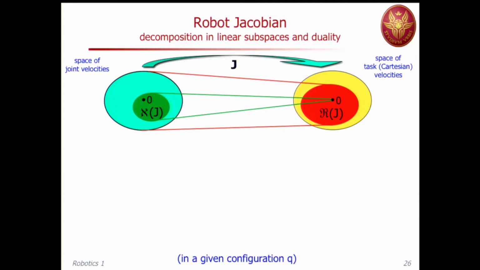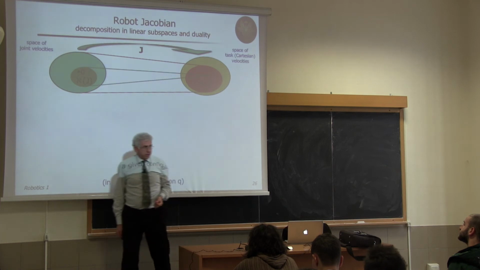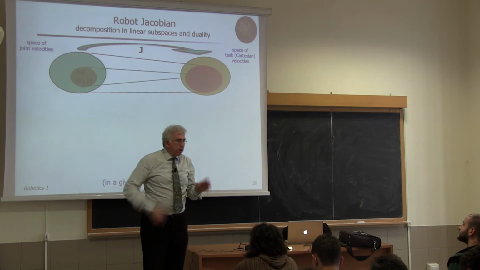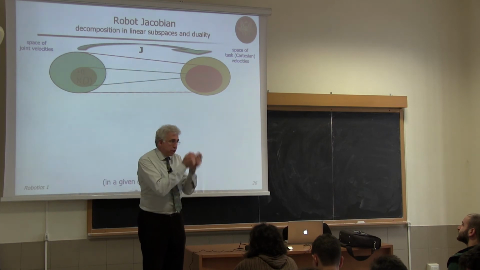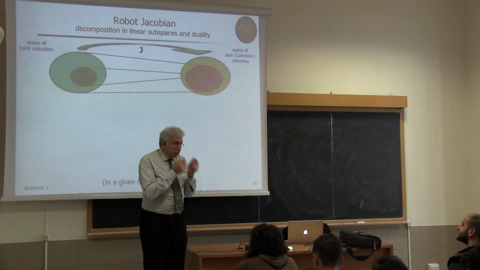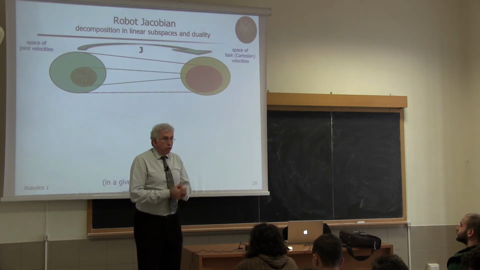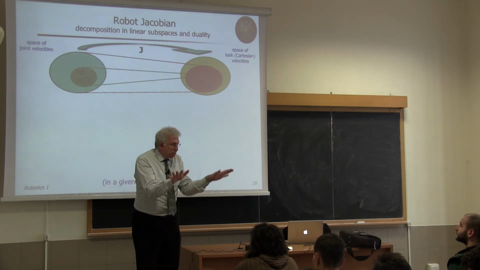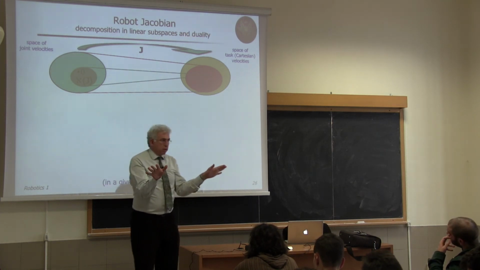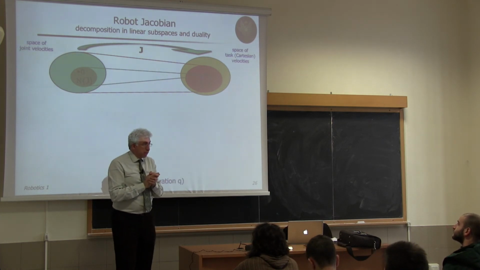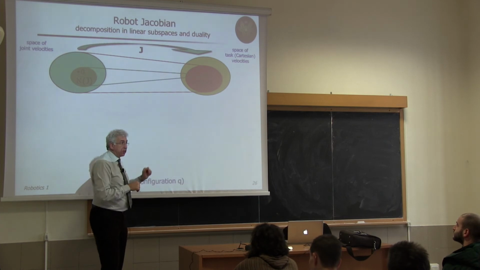But in general, it may not cover all possible Cartesian velocity. It just covers those which are in the range of the matrix. The others are not realizable. No matter how I choose my joint velocity, I cannot generate that Cartesian velocity. I can only generate Cartesian velocity which are in the range of the Jacobian. Of course, if the range of the Jacobian is the maximum possible, I cover all possible velocity. Otherwise, I have a loss of mobility at the end effector level. Okay? This is why the range is so important.